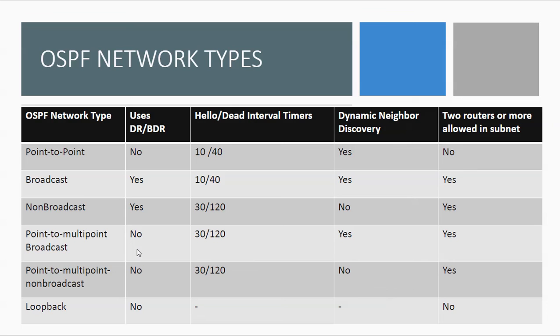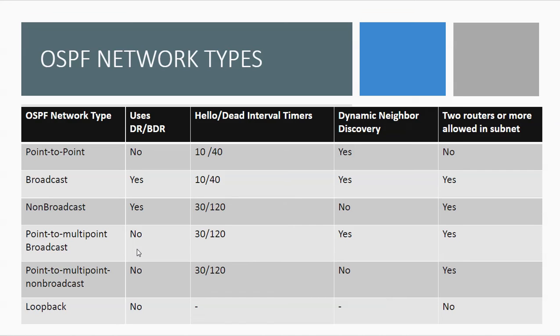That means if you have a stronger router and you want to make it your designated router, you should statically assign that configuration to that router and increase the priority of an interface. We'll go into details later in our course on how to configure those priorities.